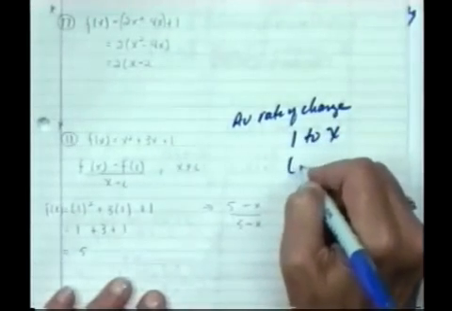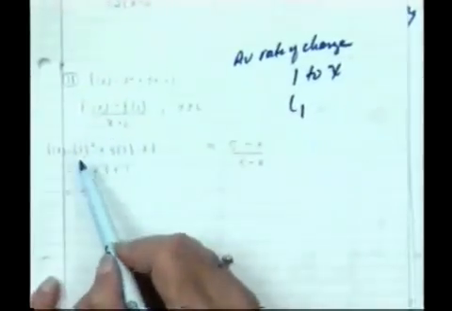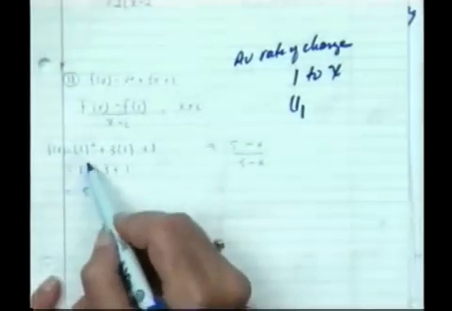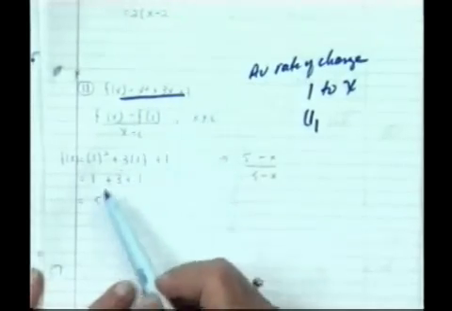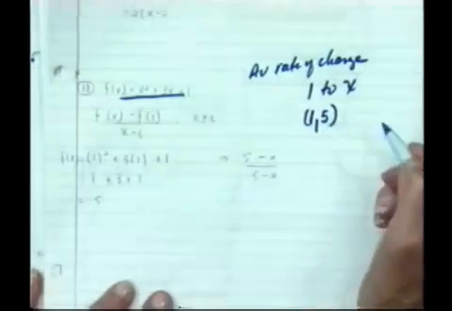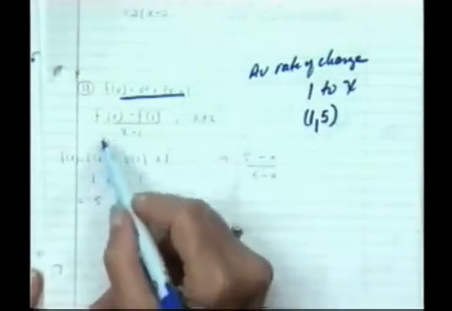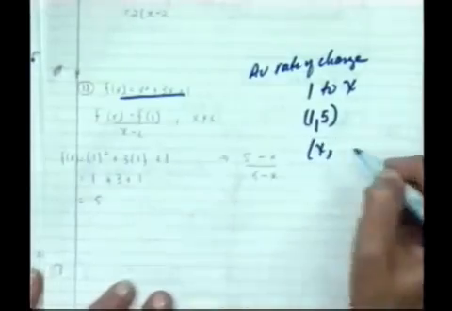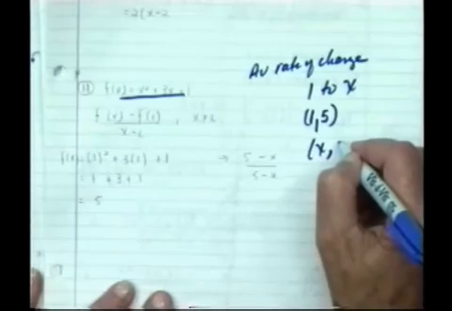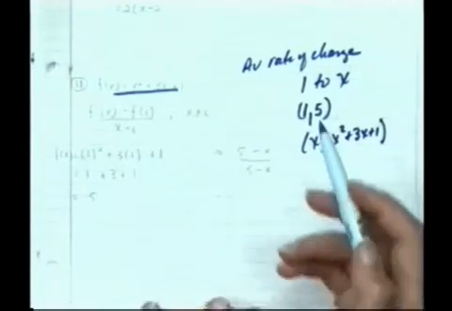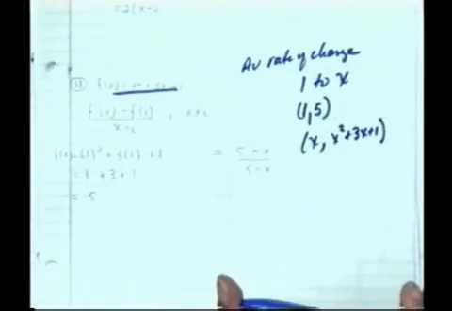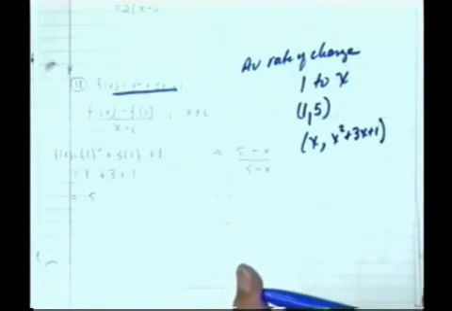When x is equal to 1, putting it into your function gives 1 plus 3 plus 1, which is 5. So you have the point (1, 5). Then you have the point x, and the y value is x squared plus 3x plus 1. It's asking you for a general formula to find the average rate of change between 1 and any other value.